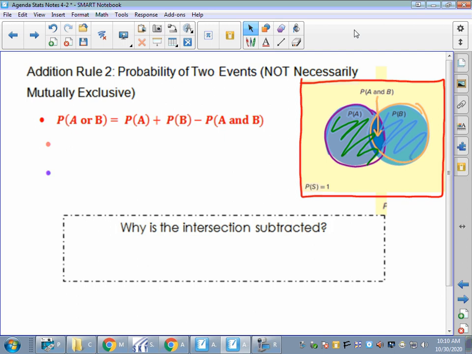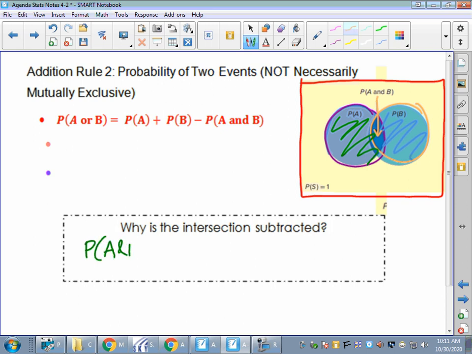So why is that intersection subtracted? Because we've already counted those people or those things in probability of A, and then we count them a second time in the probability of B. So we subtract that because it would be double counted. It would be counted within each bubble.